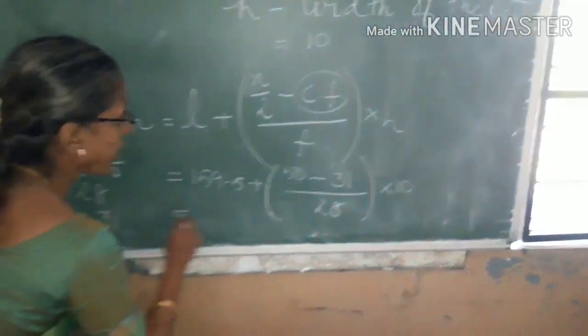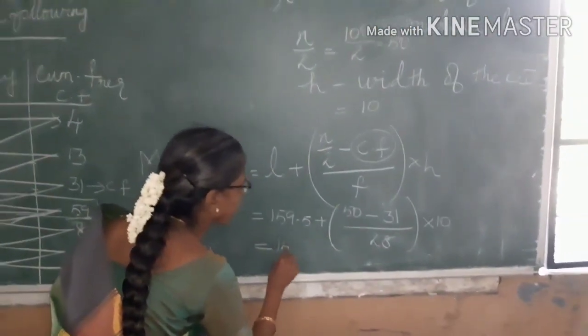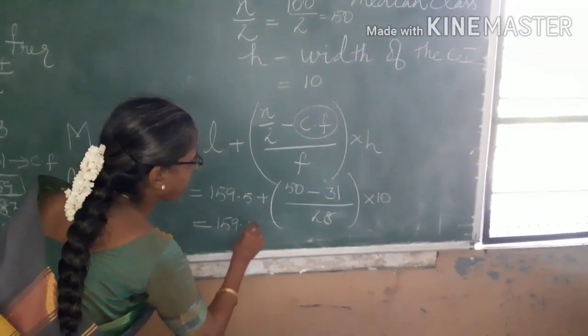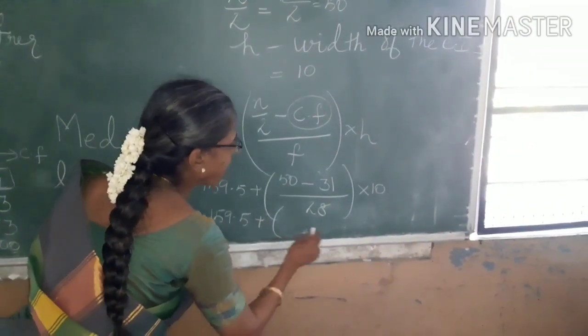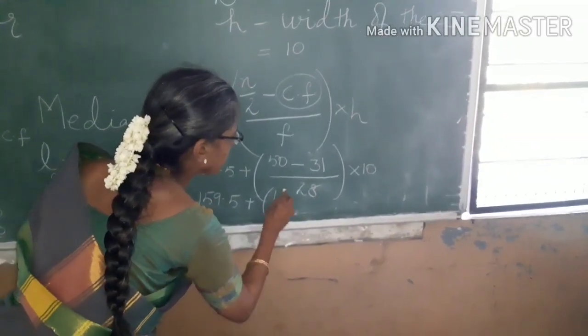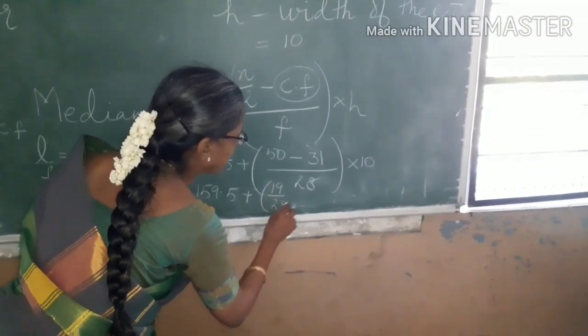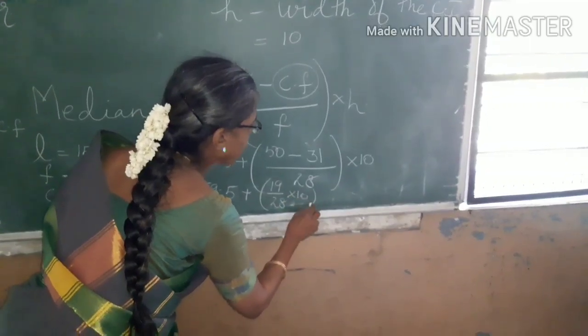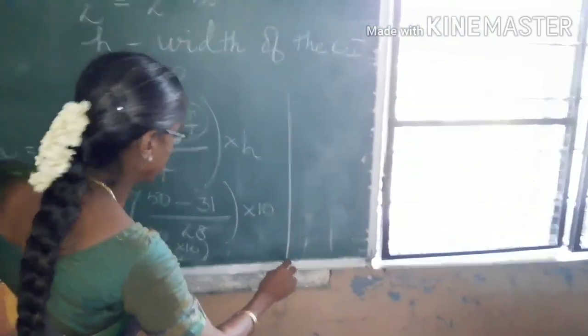Whenever you are doing this, don't calculate and make it a big number by finding the LCM. Simplify the smaller fraction and then add. 50 minus 31 is 19. 19 by 28 into 10, or 190 by 28.